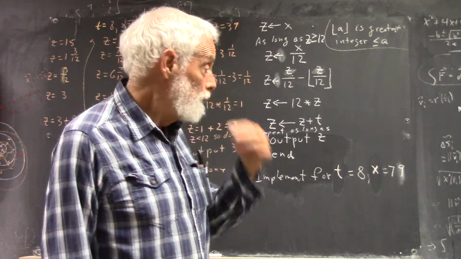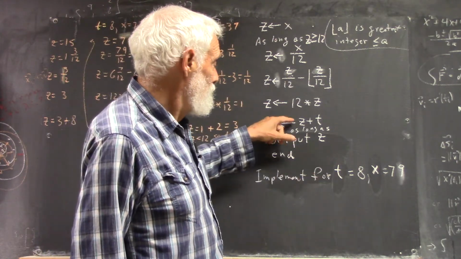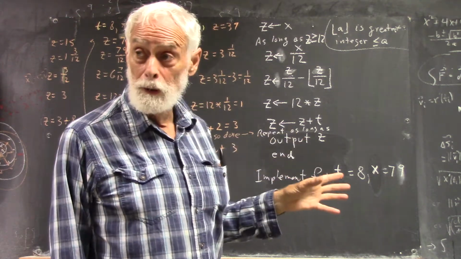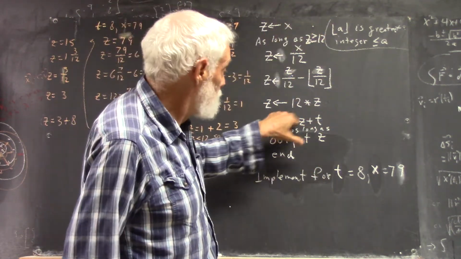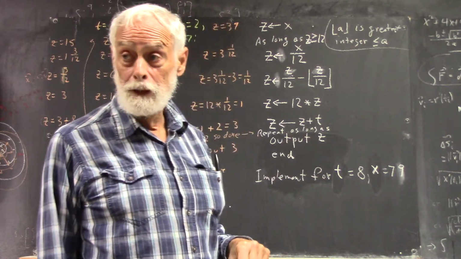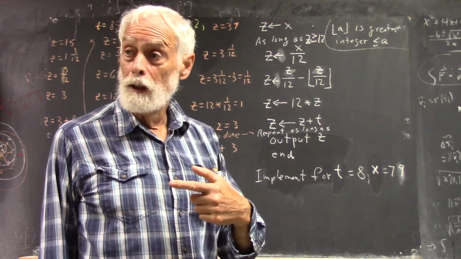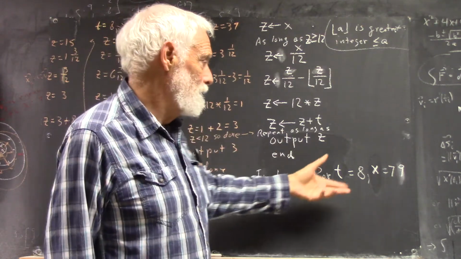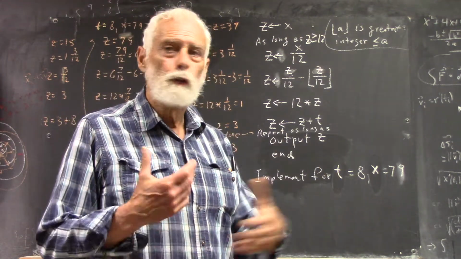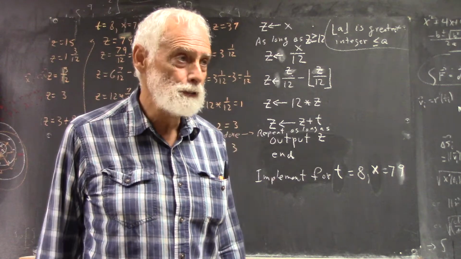It works fine as long as you don't end up at this stage with a number greater than 12 and have to go back. But if you have to go back, it screws up because you're adding t a second time. Okay? The other one doesn't screw up, but if you give it a really big number, if I say x equals 5,487,326, what are you going to do?